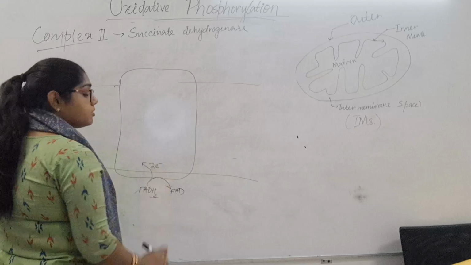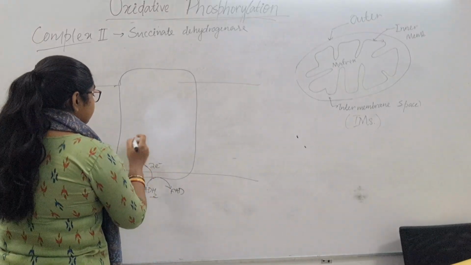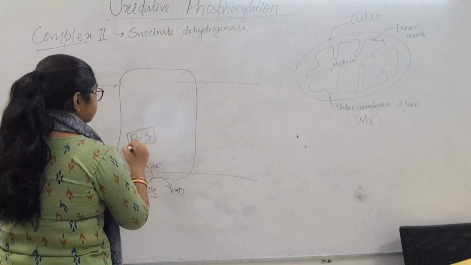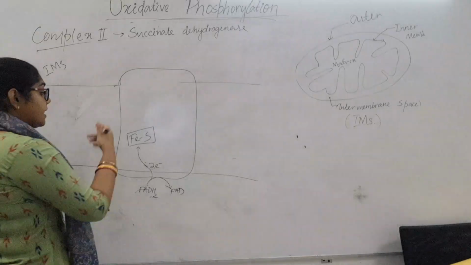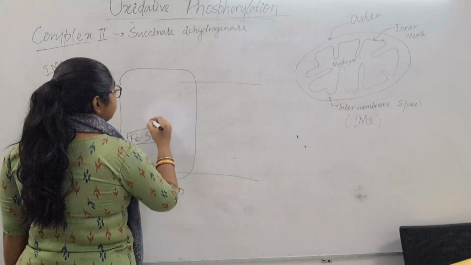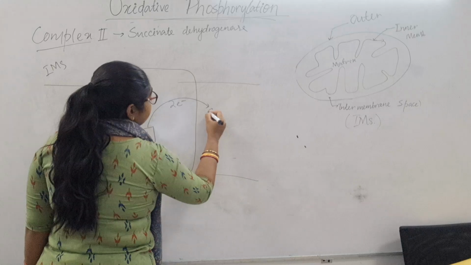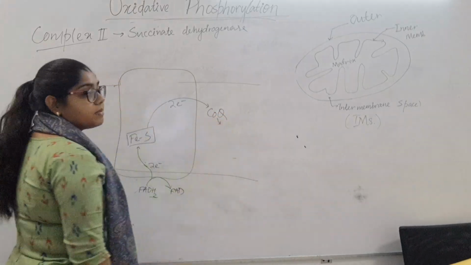These electrons will pass to the iron sulfur center of complex 2. Then the iron sulfur center will pass the 2 electrons to the ubiquinone present outside the complex but inside the inner membrane.